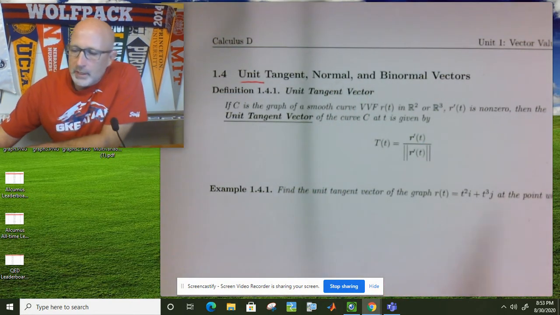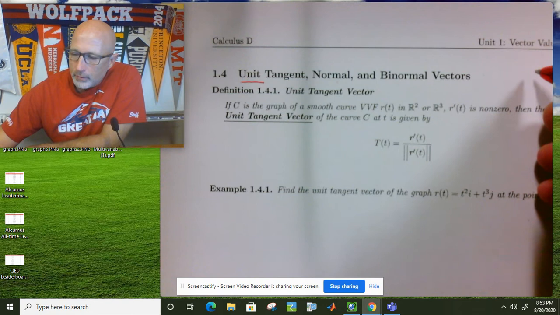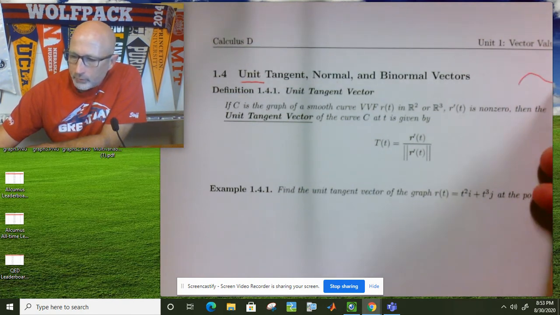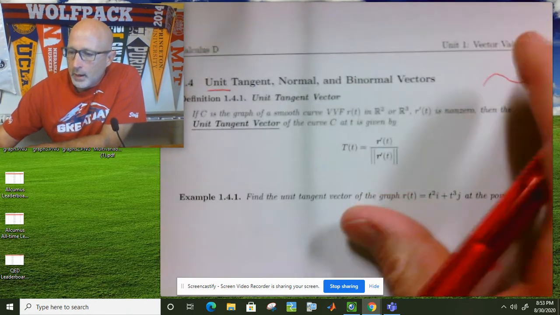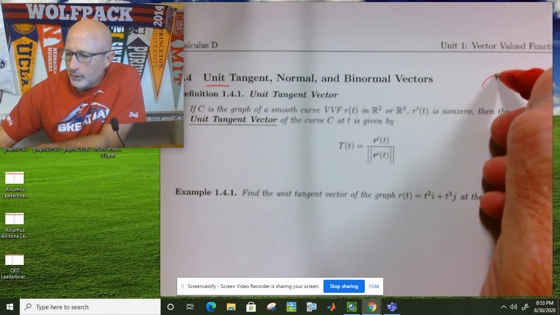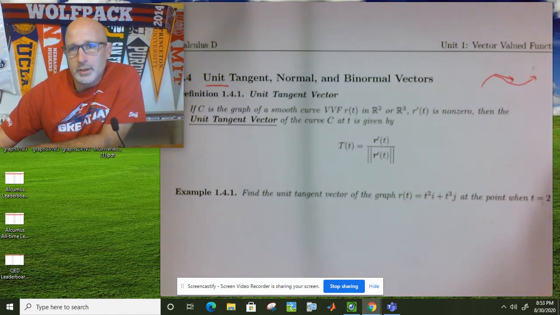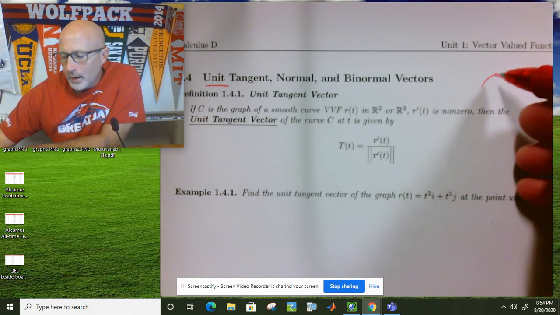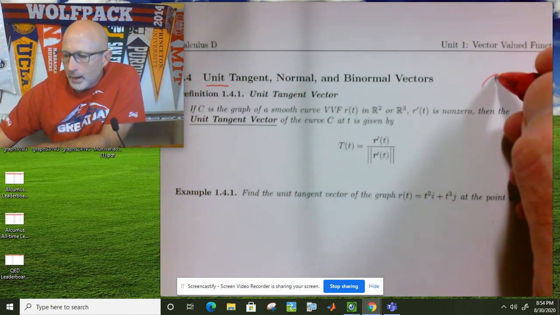What's really unique about these is, if you think about how this works out, say you have some sort of a curve in 3 space that looks something like that. What the tangent's going to be is it's going to look like this. That's going to be the tangent vector. The normal vector, now it does depend on if it's 2 space or 3 space, but it's going to be perpendicular.